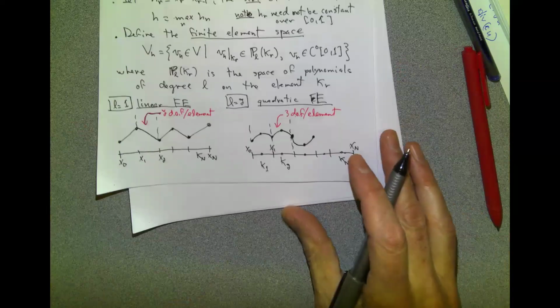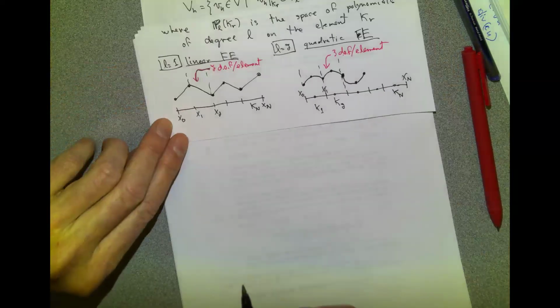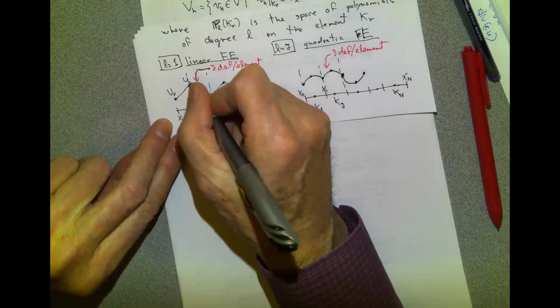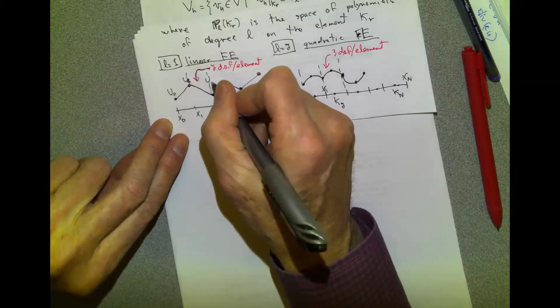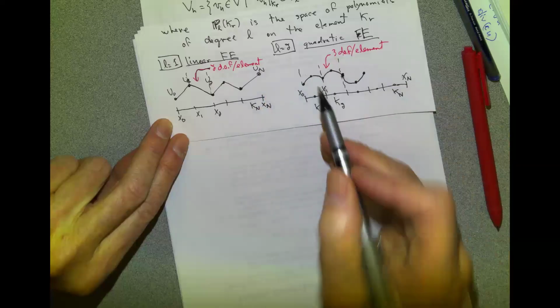So if I look at the dimension of the space VH without Dirichlet boundary condition, what do you have to provide here? You have to provide the unknowns. I could label them U0, U1, U2, and all the way up to UN. While here I would need to add middle nodes. I'll do it later, I'm not going to do it right now.